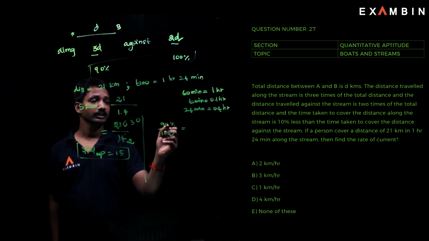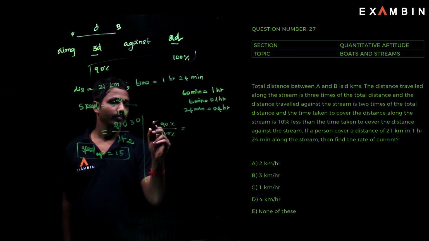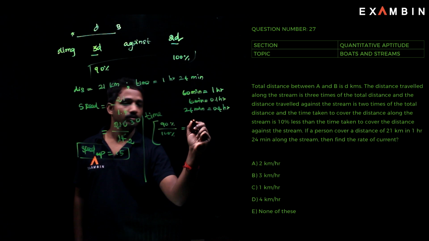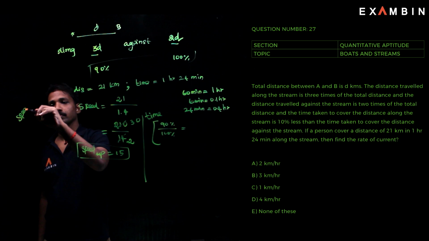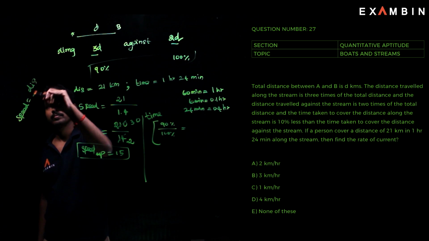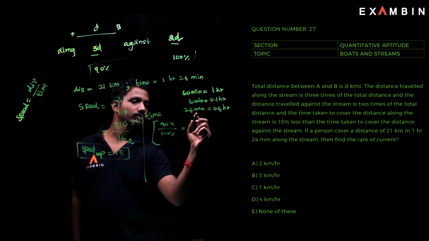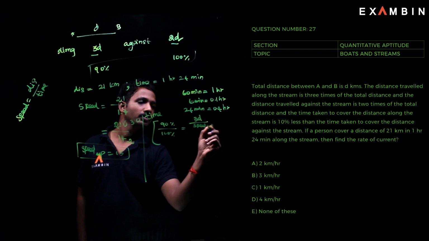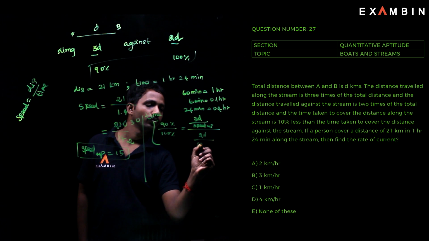This is the 90%, 100% are the ratios of time. So time is distance by speed. Time is distance by speed. For 90%, 3D by speed, we don't know, speed up, okay, and then 2D divided by speed down.